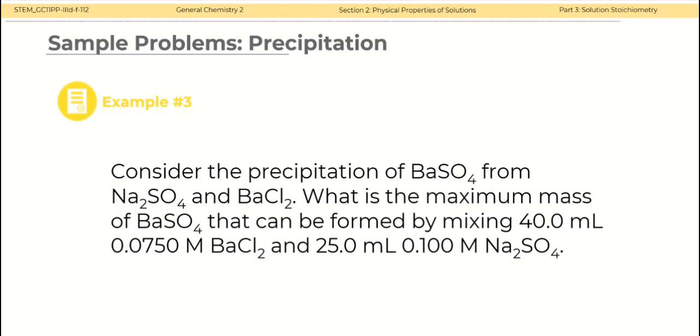Example number 3. Consider the precipitation of barium sulfate from sodium sulfate and barium chloride. What is the maximum mass of barium sulfate that can be formed by mixing 40 milliliters of 0.050 molar barium chloride and 25 milliliters of 0.1 molar sodium sulfate?